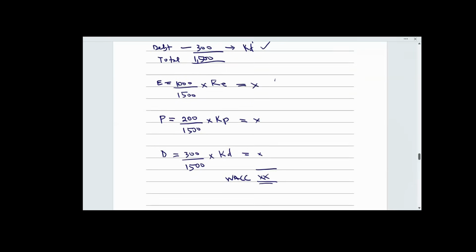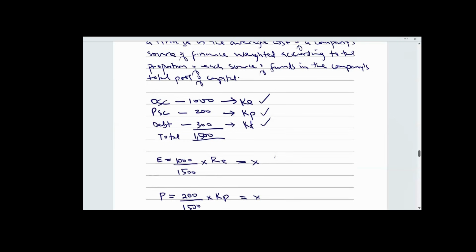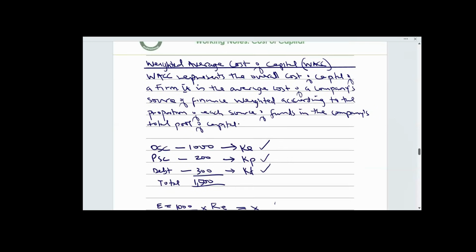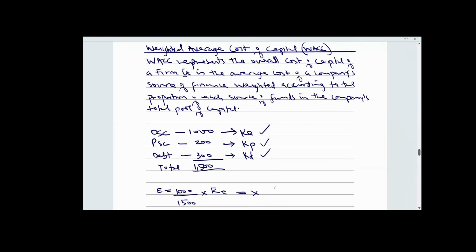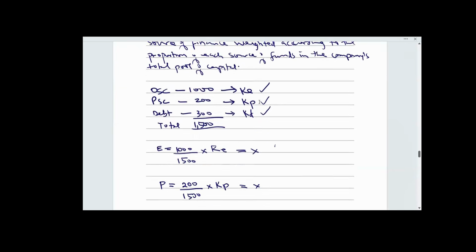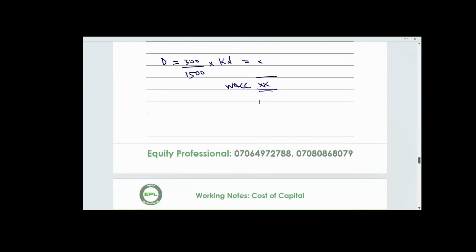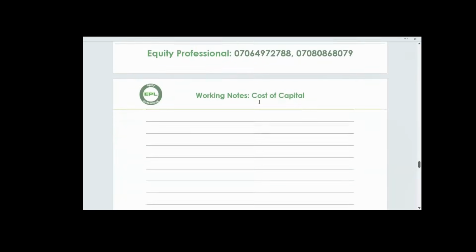That's why we are saying that WACC is the average cost of a company's finance weighted according to the proportion of each source of finance in a company's total pool of capital. This is what we mean by weighted average cost of capital. Now that you know what WACC is all about, how do you compute it? Let's move to the next page.